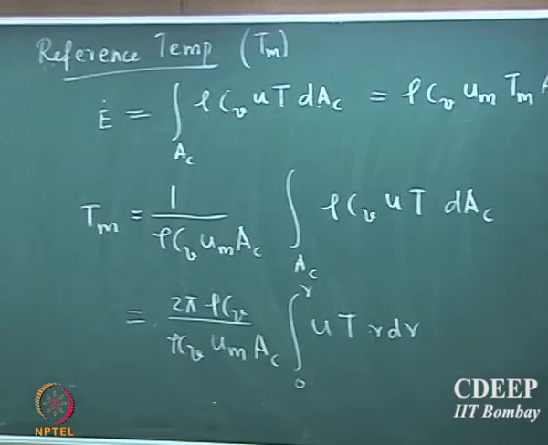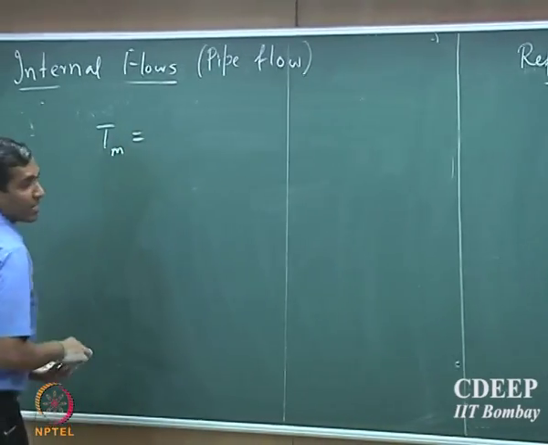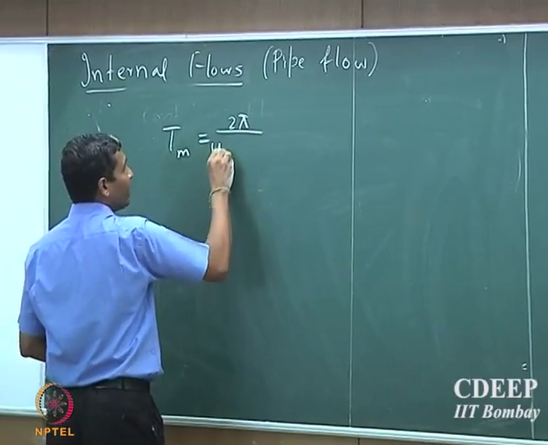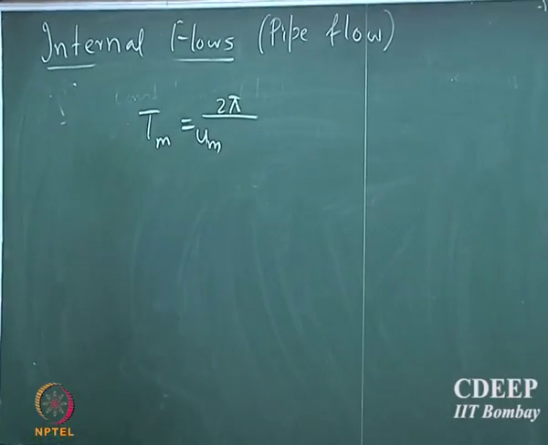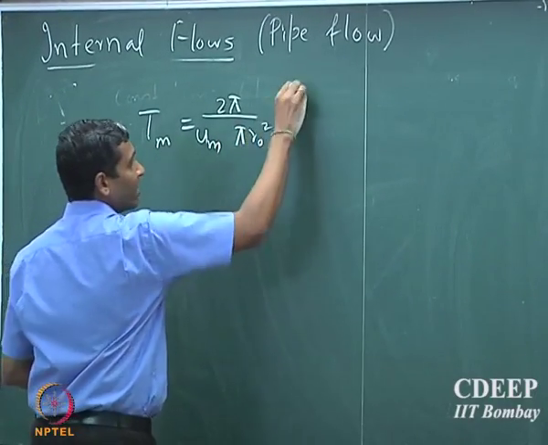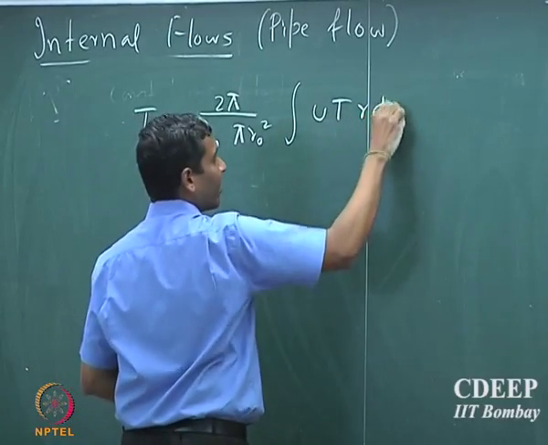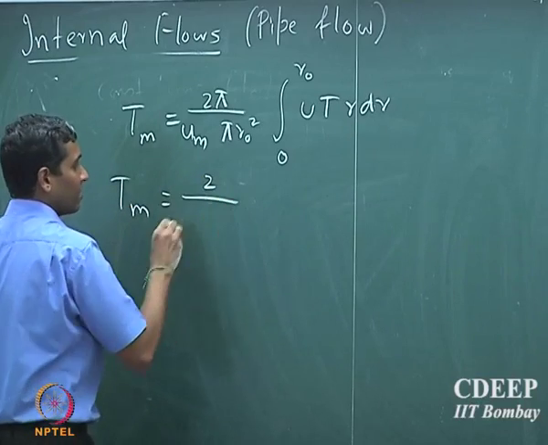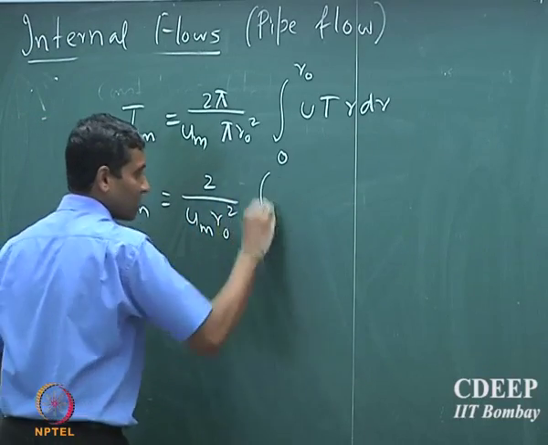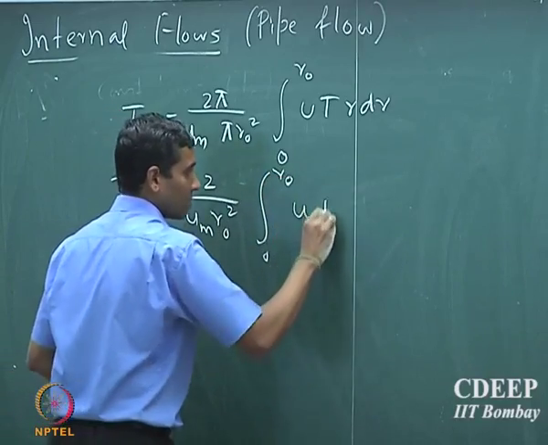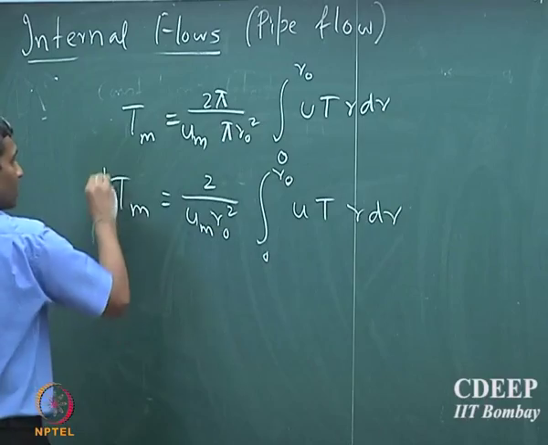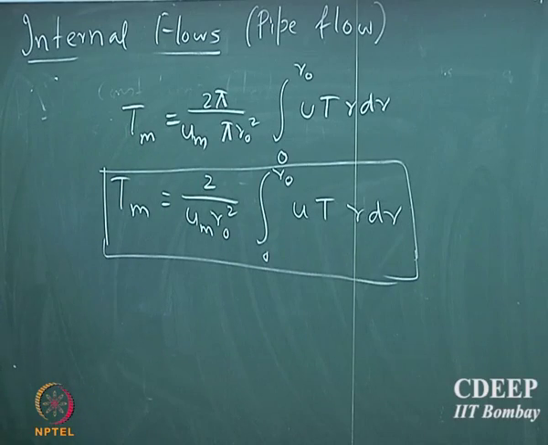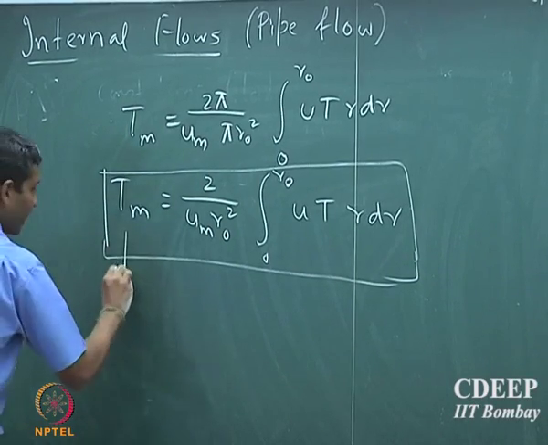So from here we can deduce that Tm is 2 pi divided by um, and the cross-sectional area is pi r naught squared, times the integral of u T r dr from 0 to r naught. So that will be 2 by r naught squared times the integral of u T r dr. So that's the definition of the mixing cup or average temperature at any cross section.